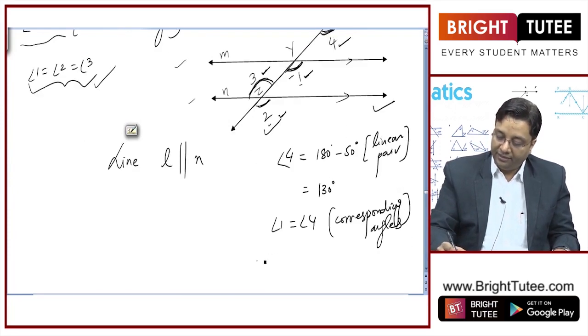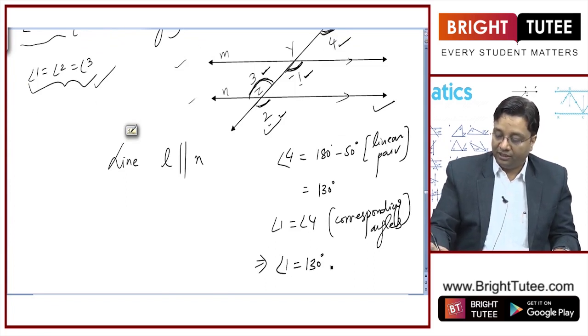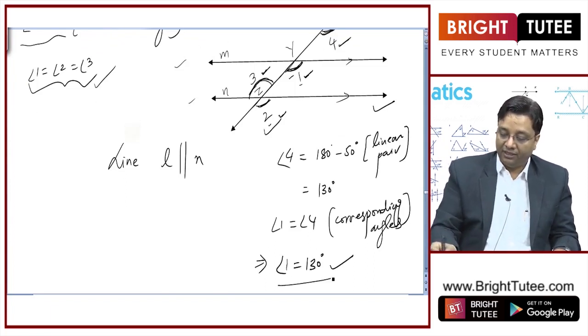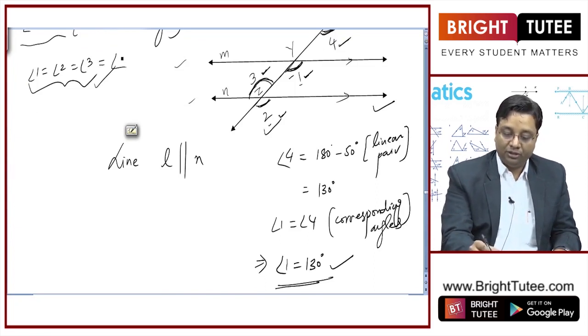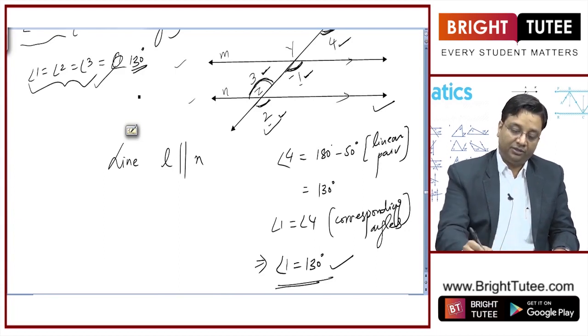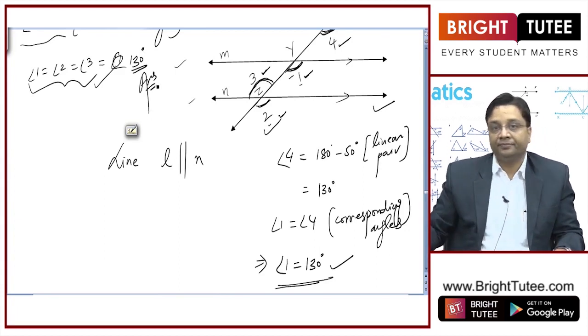So angle 1 is also equal to 130 degrees. Now, if angle 1 is equal to 130, angle 2 and angle 3 are also going to be equal to 130 degrees. So this is your answer.